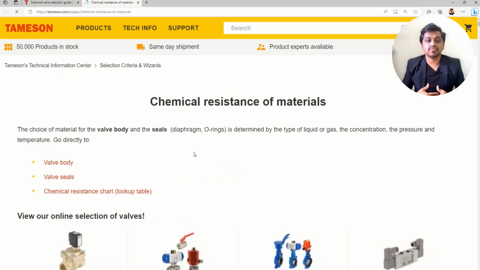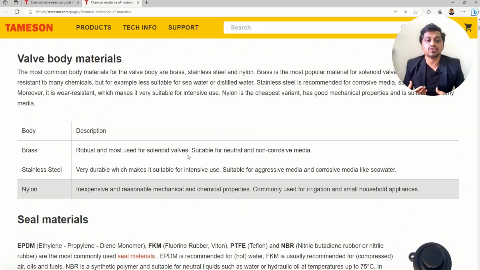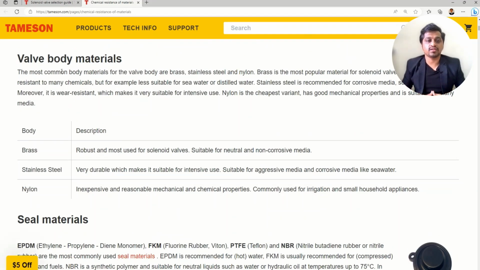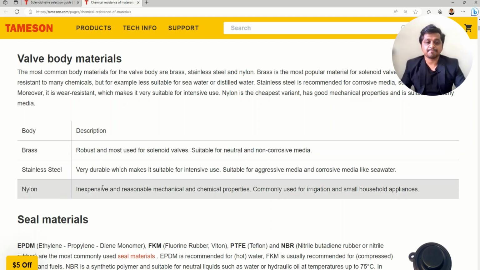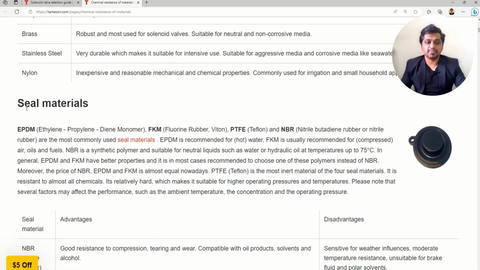For that purpose we have a chemical resistance chart over here, where you can find the valve body materials, what their types are, and what the properties of these body materials are. Then we have different kinds of seal materials, right? We have stainless steel, nylon. Then we have seal materials: you can see EPDM, then FKM, PTFE, NBR, all these seal materials, and they have different properties.